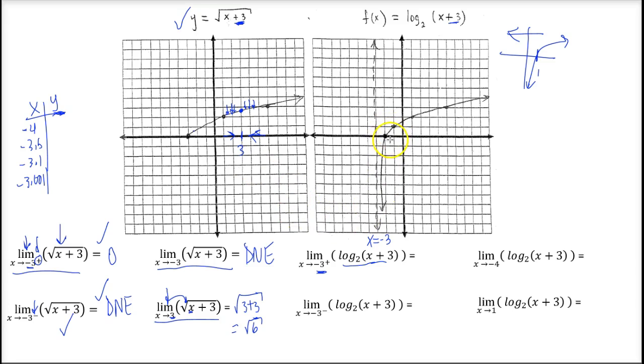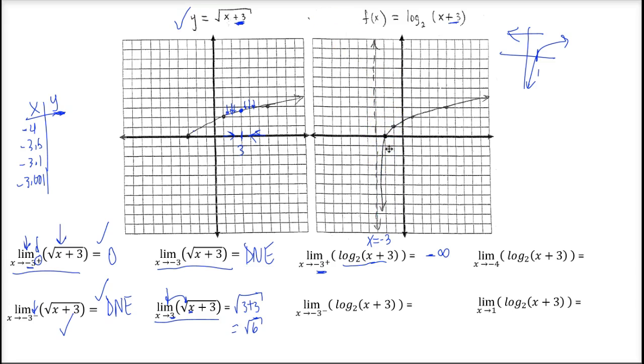Okay, so as we do that, we see as x gets closer and closer to -3, the y values get more and more negative, and they just keep dropping. So in this case, the behavior of this function is going to -infinity. Okay, so as x gets closer to -3 from the right, the y values get closer and closer to -infinity.